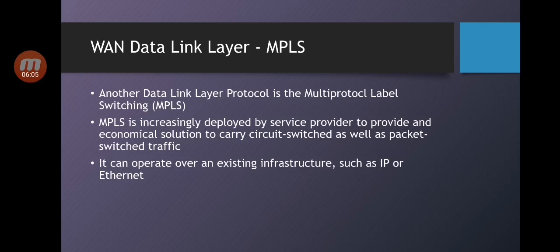Another data link layer protocol is multi-protocol label switching, MPLS. It is increasingly deployed by service providers to provide an economical solution to carry circuit switch as well as packet switch traffic. It can operate over an existing infrastructure such as IP or Ethernet.